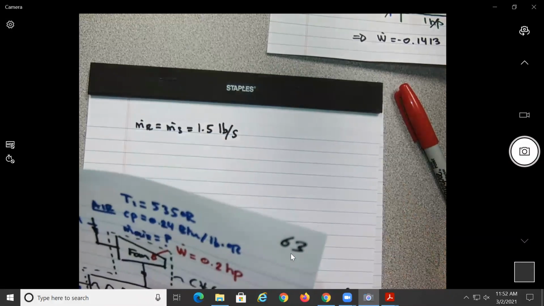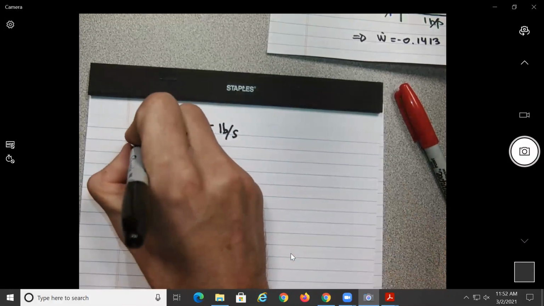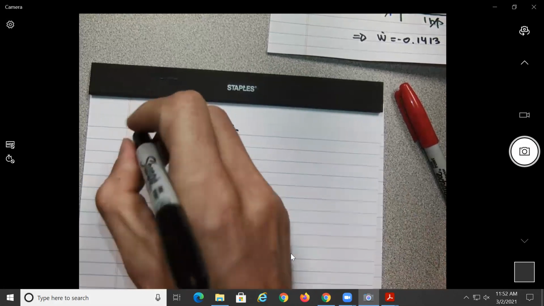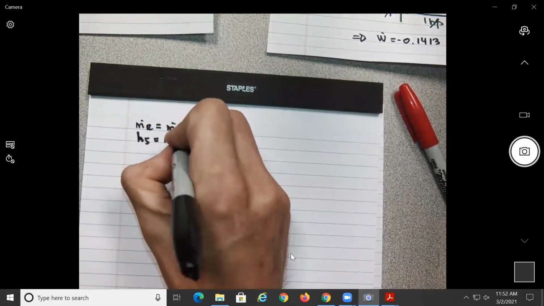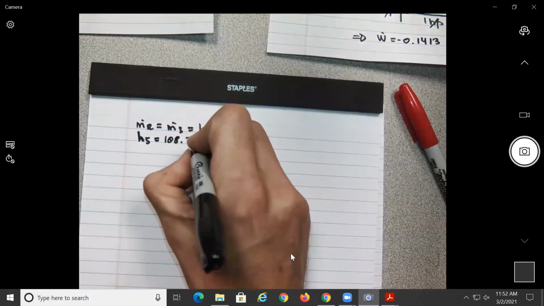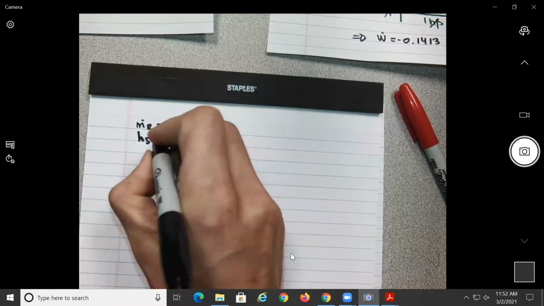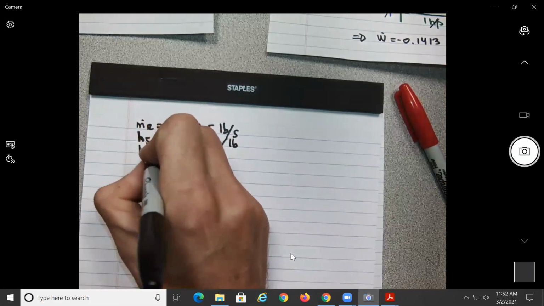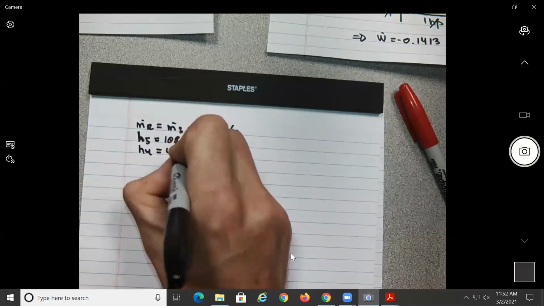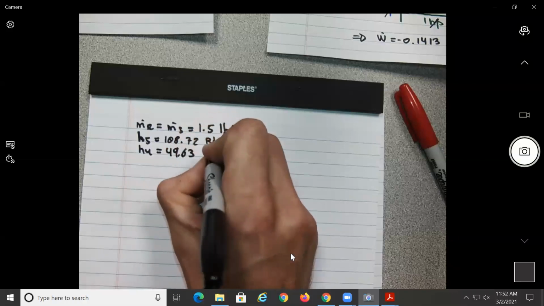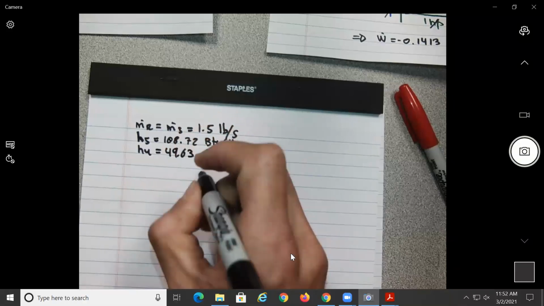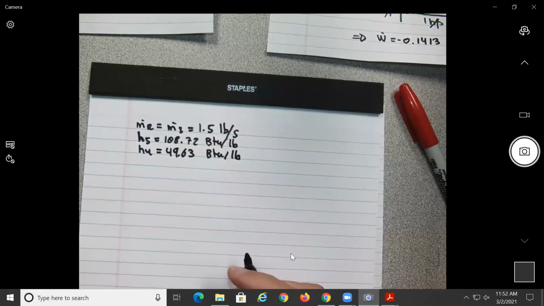H5, we just calculated to be equal to 108.72 BTU per pound. H4 is 49.63 BTUs per pound.